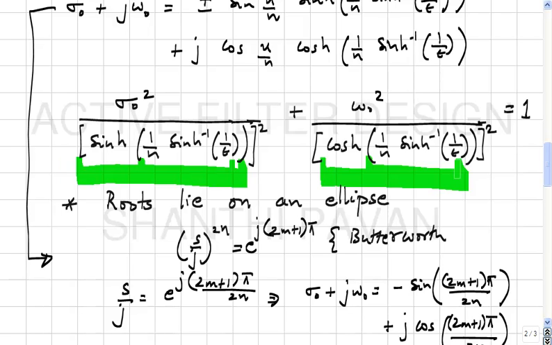And therefore, it does make sense, because as you reduce the ripple, the transition band will be much wider, which means that the 3 dB bandwidth will increase, which is also being brought out by the math. You understand?